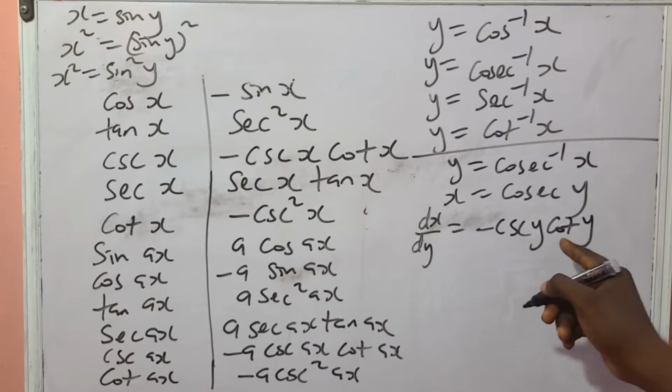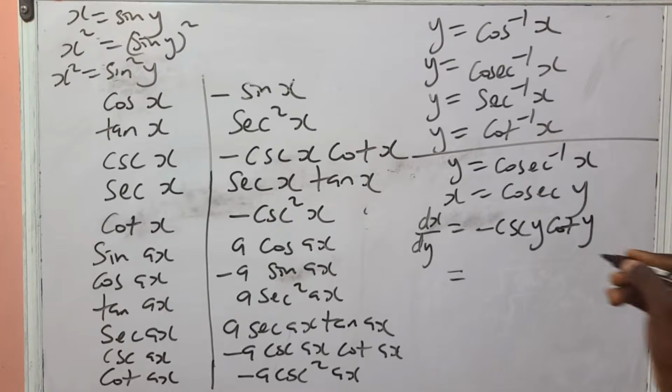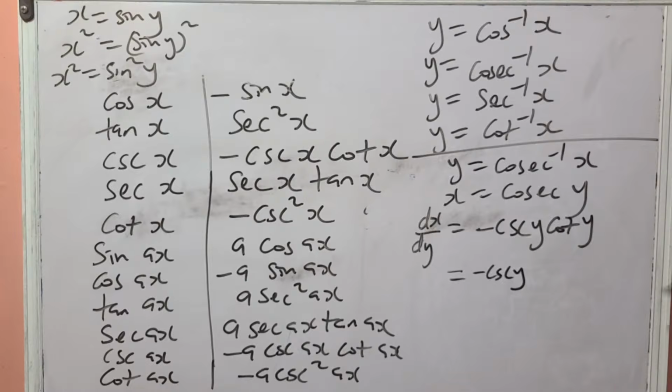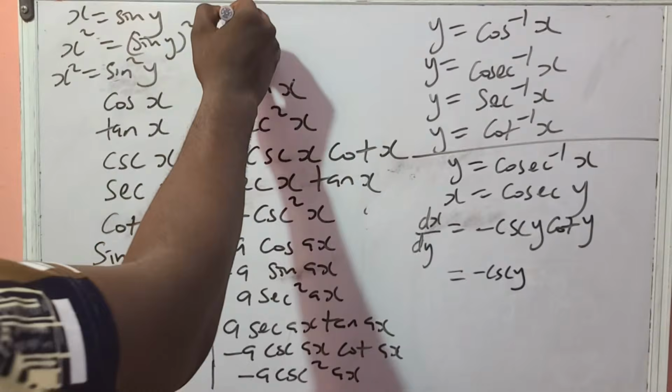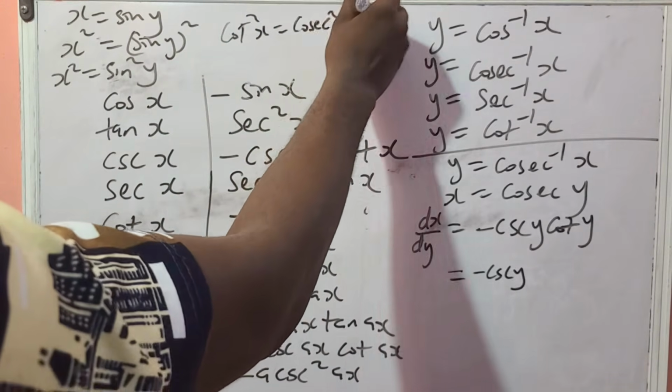Now, for me to go on, I want to change this sum to something. Look at what I'm going to do. I will leave the cosec y. But in case you have forgotten, let me remind you what cot square x is. cot square x is equal to cosec square x minus 1.